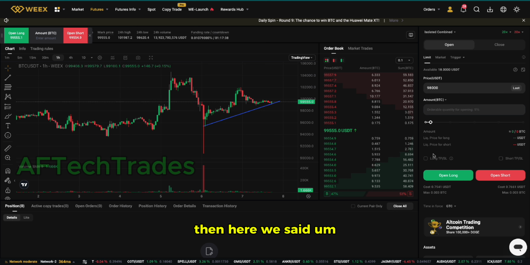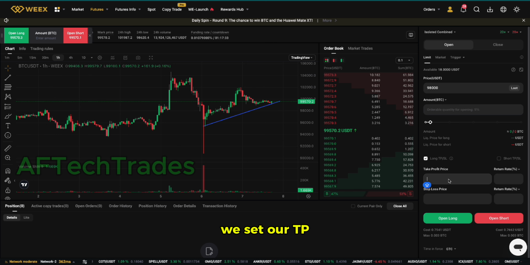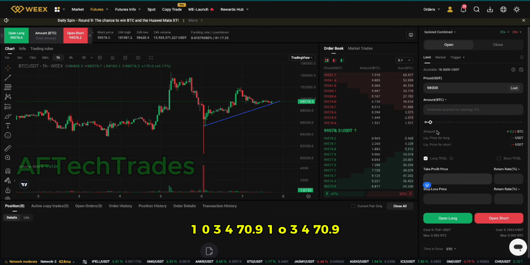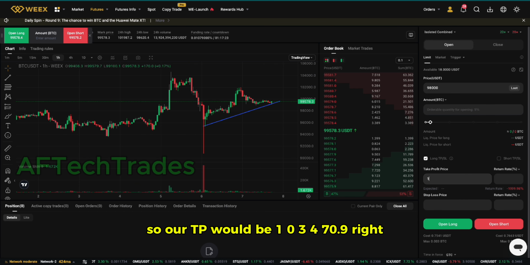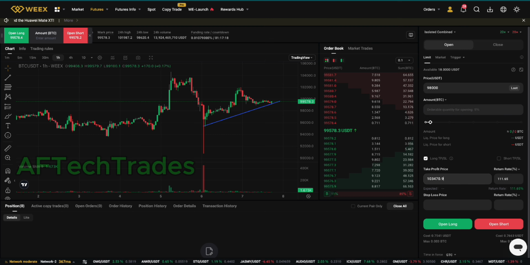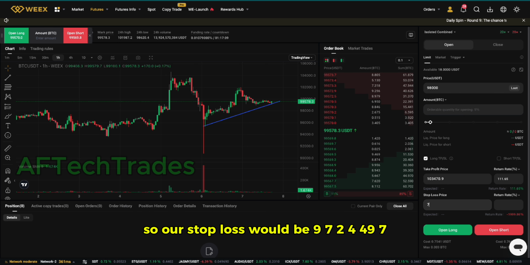Then here we said we'll set our TP. Our TP would be 103470.9. And our stop loss, which is this, will be 97240.